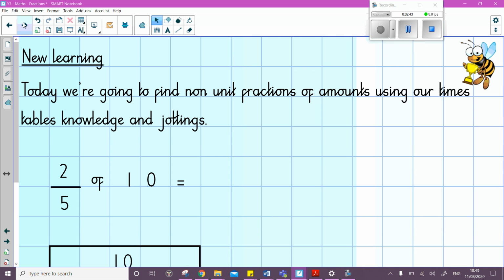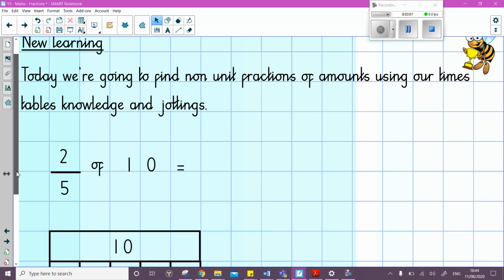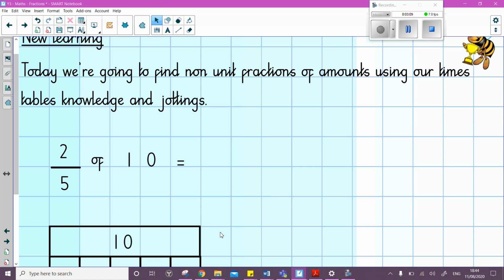So we're going to use non-unit fractions today to find fractions of amounts, and we're going to use our times table knowledge and some jottings to help us. Here's an example of finding a non-unit fraction of an amount. We've got 2/5 of 10. We're imagining that we have 10 objects and we want to find 2/5 of them. 10 is my total amount of objects.